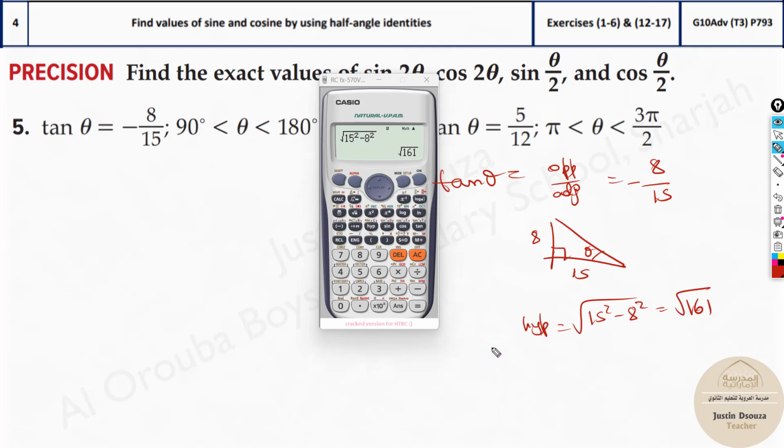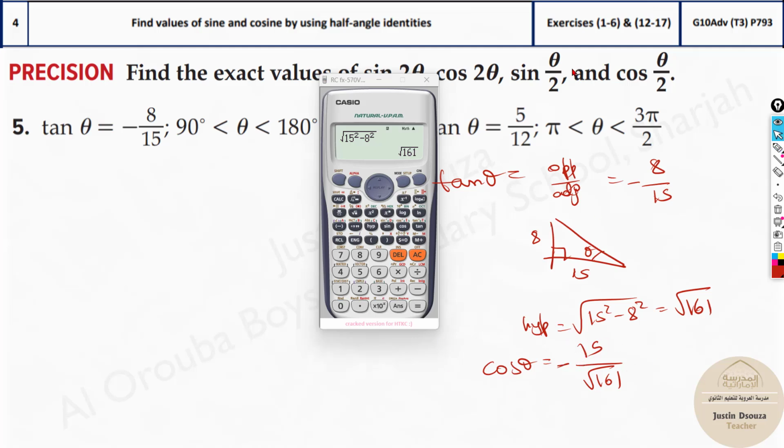Now we can easily find out what is cos, right? Cos theta is adjacent by hypotenuse, that is square root of 161. The adjacent side was 15 divided by square root 161. Now when you're using cosine, please remember it's minus. Why? Because in the second quadrant cosine is negative, but sine is positive.